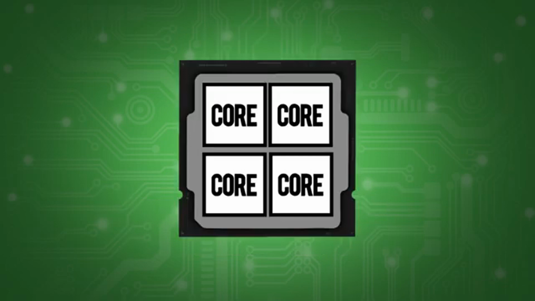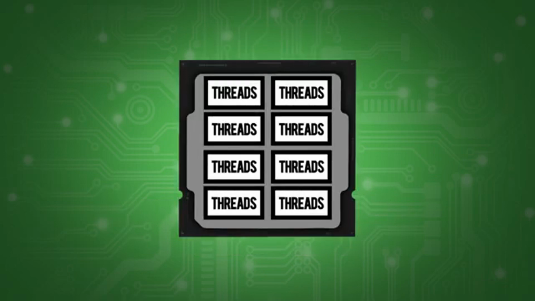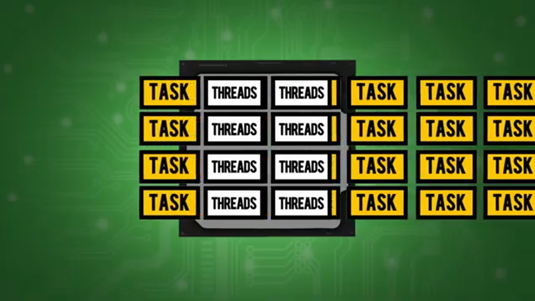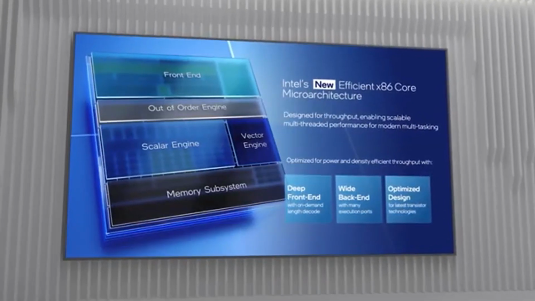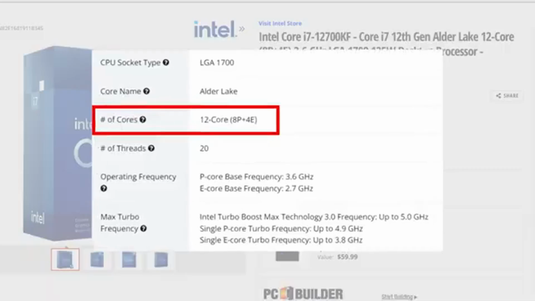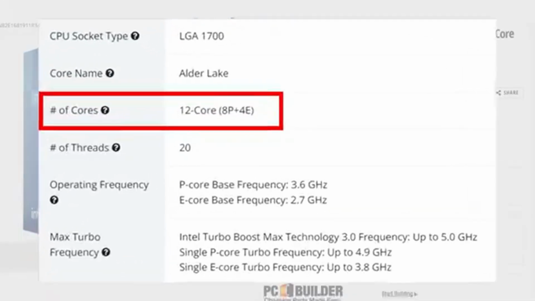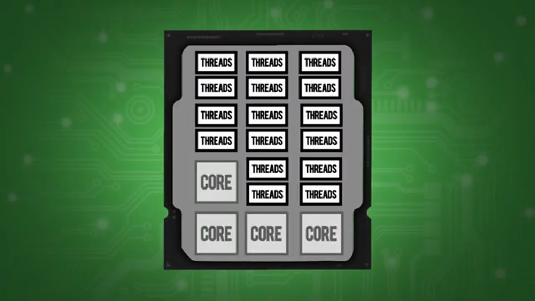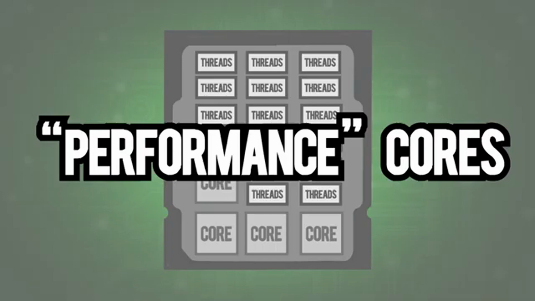But Intel further complicated things by releasing efficiency cores last year with their 12th gen CPU. This new type of core focuses on taking the load off traditional performance cores efficiently. Efficiency cores do not utilize multithreading, or as Intel likes to call it, hyperthreading.